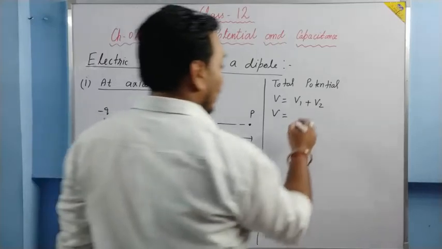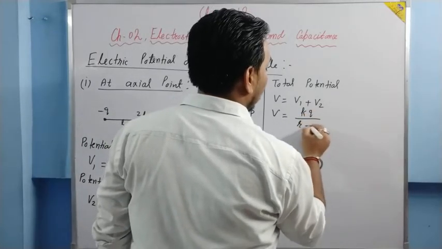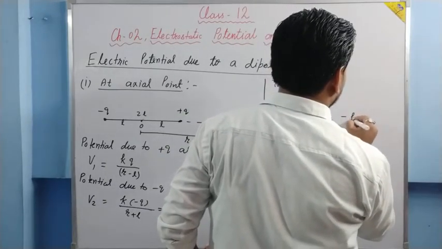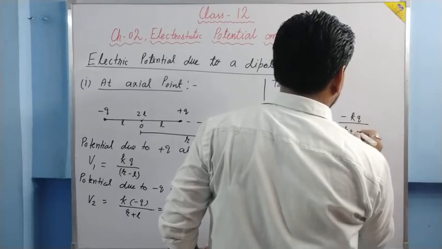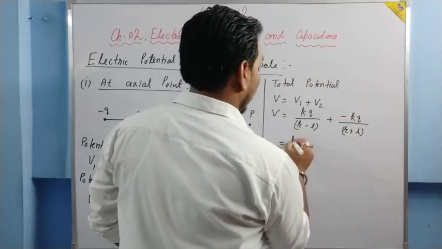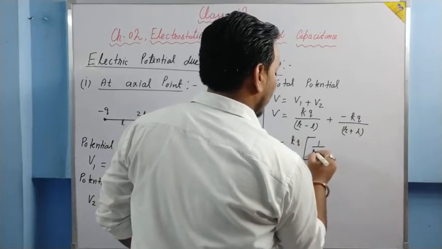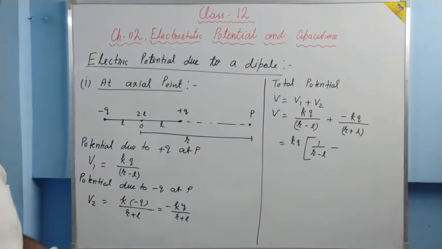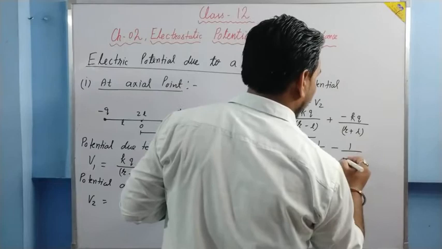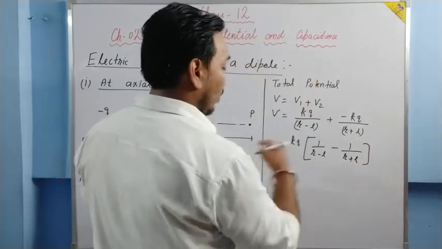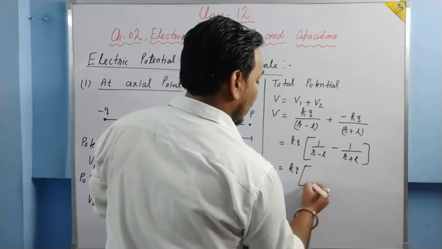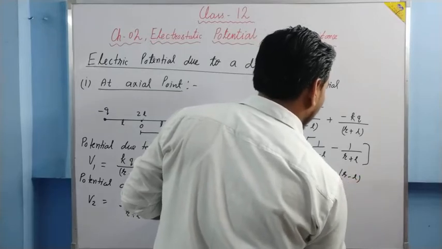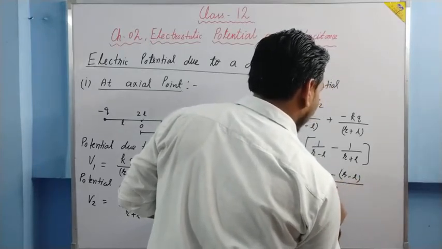The value of V1 is kq upon r minus L, and the value of V2 is minus kq upon r plus L. Now if we take kq as common, we have 1 upon r minus L minus 1 upon r plus L. Now if we subtract, it is going to be r plus L minus r minus L, whole upon r square minus L square.